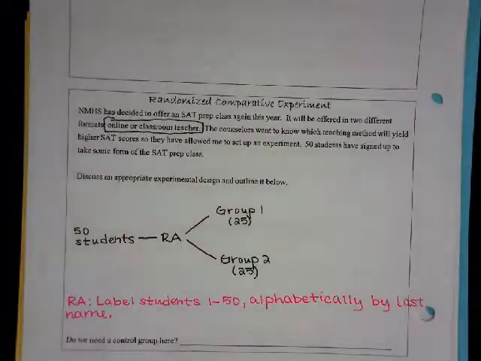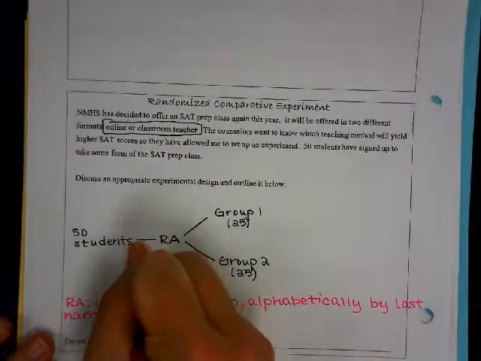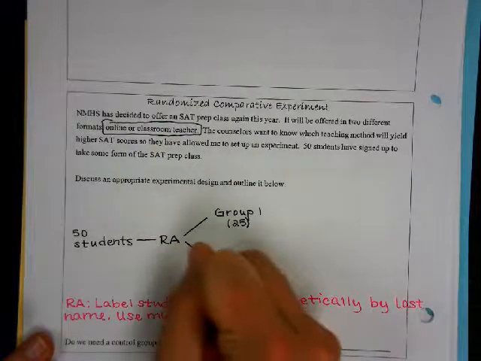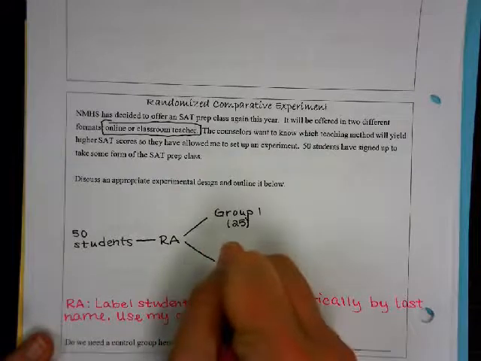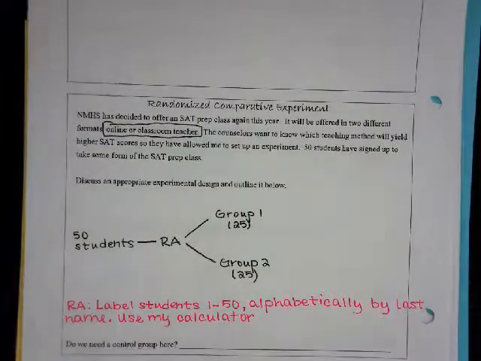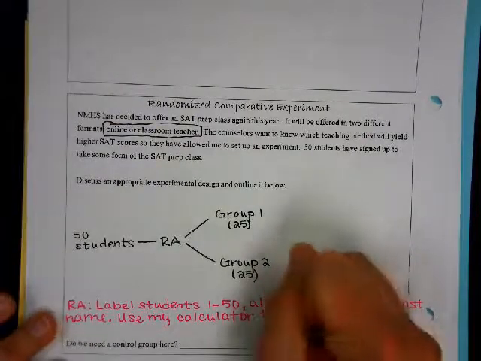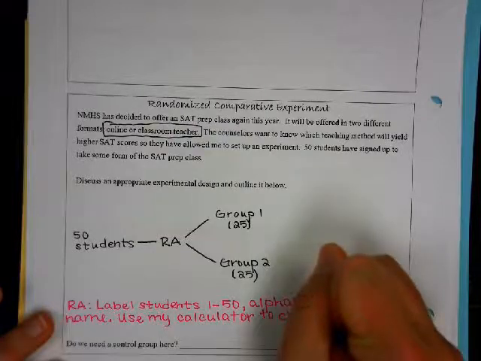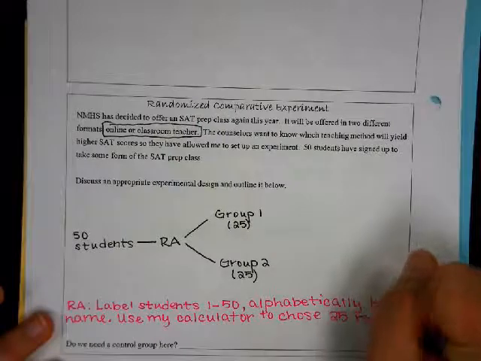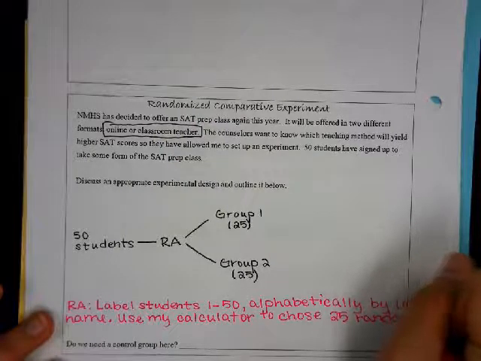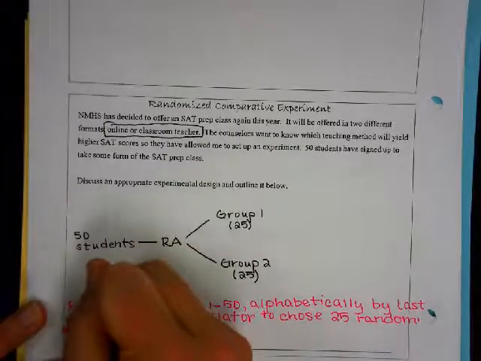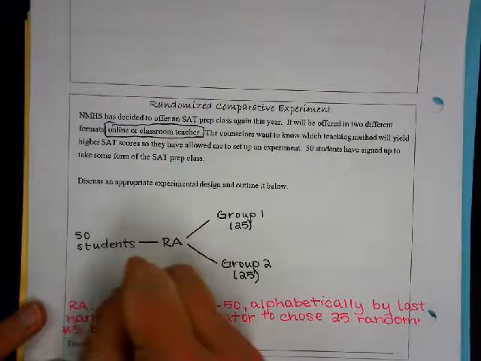So once I have them labeled, I'm going to use my calculator, and this is where it would change. I'm going to use my calculator to choose 25 random numbers between 1 and 50.